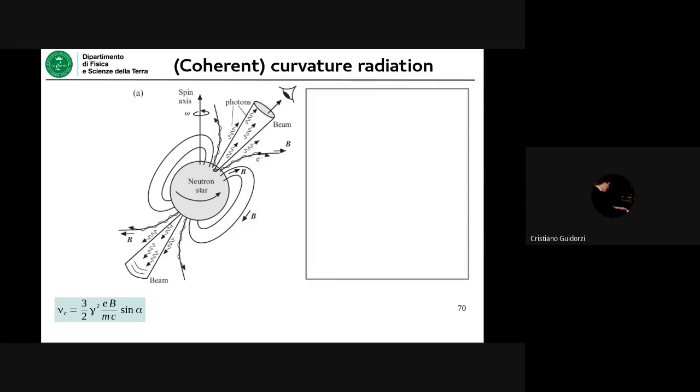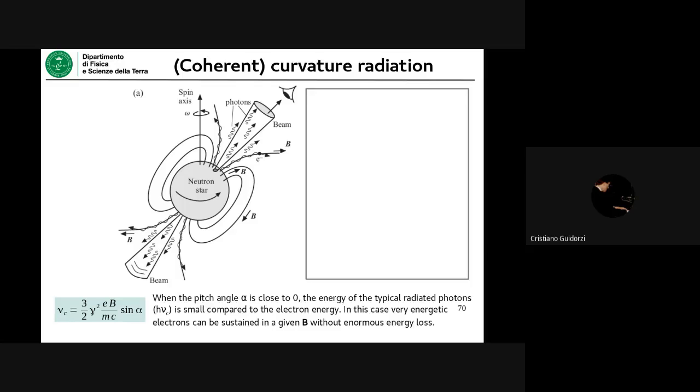And if they are ultra-relativistic electrons, you end up having ultra-relativistic electrons moving along curved trajectories. So you have radiation. In this case, the radiation is called curvature radiation, because it's due to the curvature of the magnetic field line along which the electrons are moving.